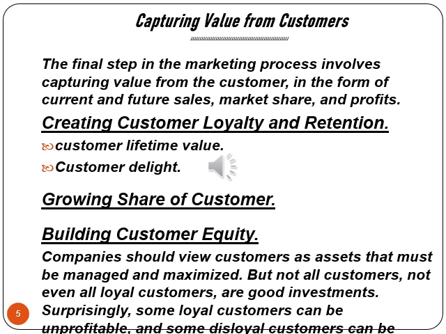But not all customers, not even all loyal customers, are good investments for the company. Surprisingly, some loyal customers can be unprofitable, and some disloyal customers can be profitable. Which customers should the company acquire and retain? The company can classify customers according to their potential profitability and manage its relationships with them accordingly.